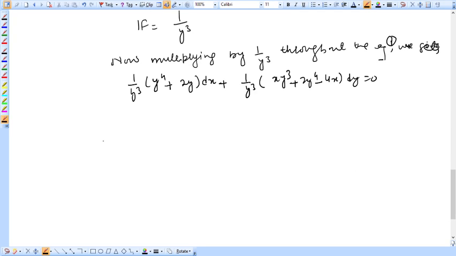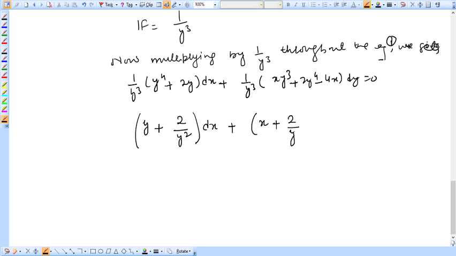So now some simplification. It becomes (y plus 2 over y square) dx plus (x plus 2y minus 4x over y cube) dy equal to 0.